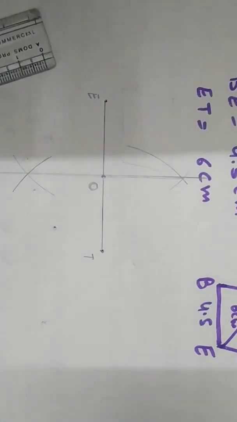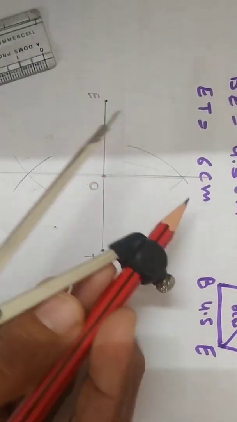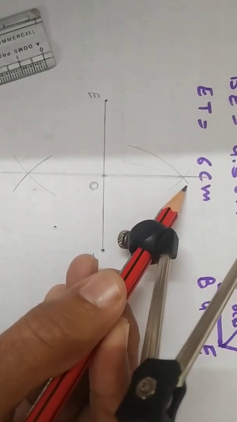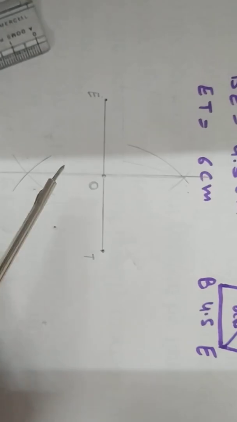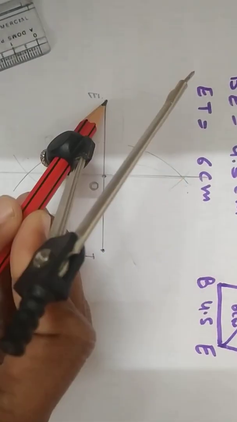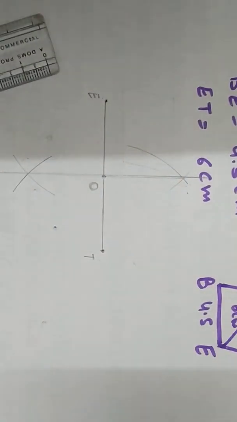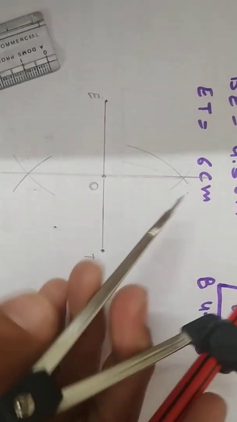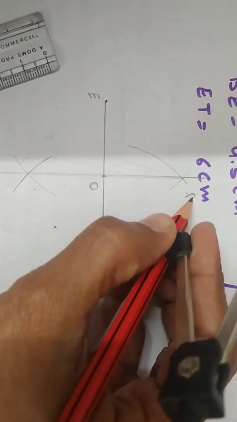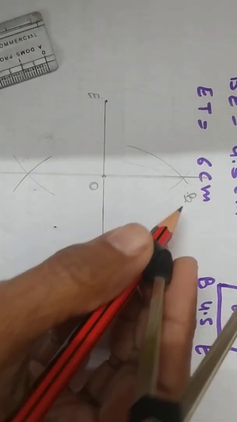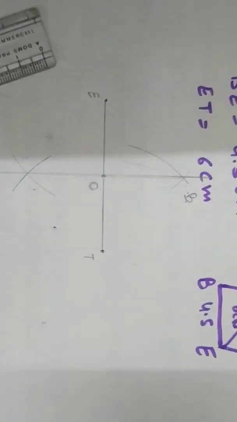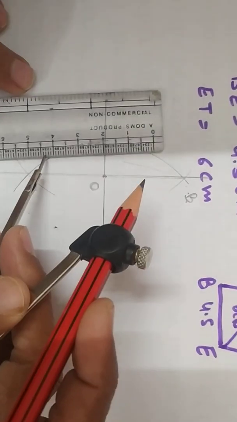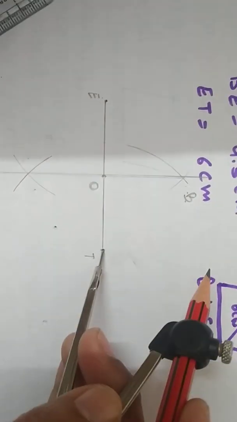Now your B point should be here, and S point should be here. Then it will be BEST. Now what is ET? ET is the diagonal, and if I say B point should be here, I'll mark it here. Now I'll take 4.5 centimeter length and mark an arc.